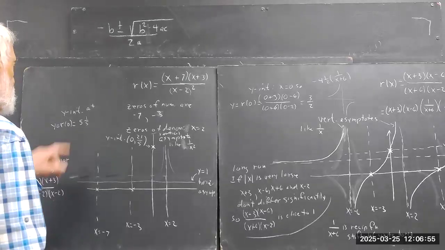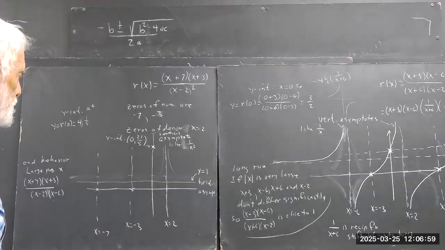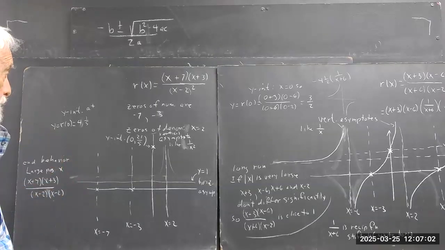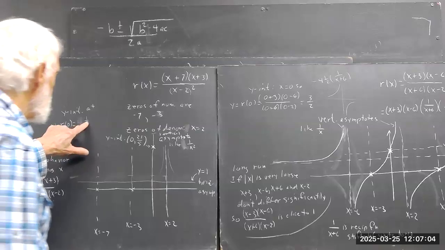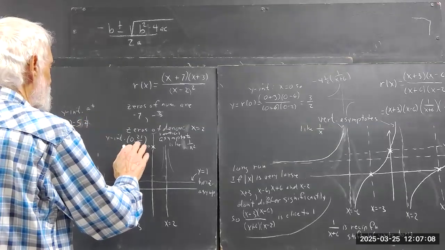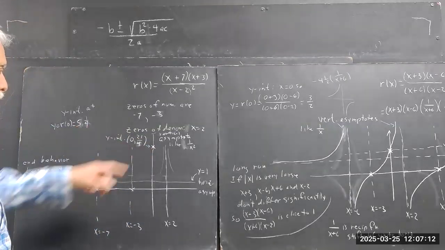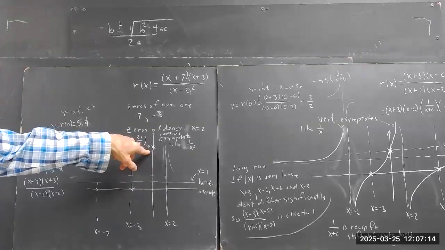It's 0, 21/5. I said 5, it's 4. No, it's 21/4. It's 5 1/4. About that. Okay.